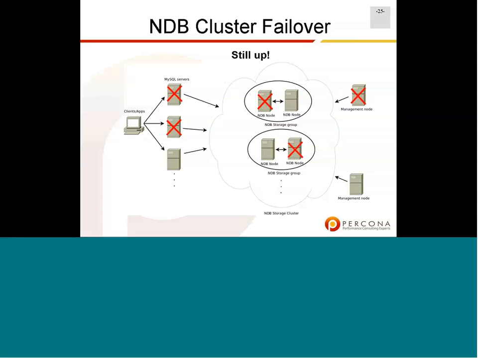You could even lose the last management node and you will still be up and running until you lose something else. So it's very resilient to failure. The performance will be degraded, of course, but it will still be up. That's fairly unique, and that's one of the big pluses of NDB cluster.